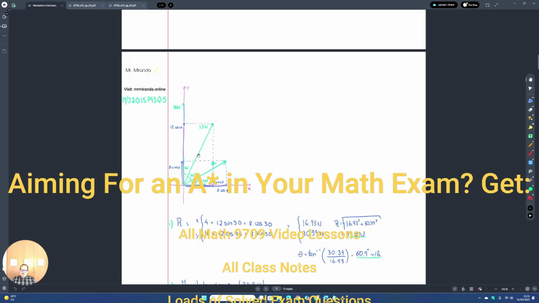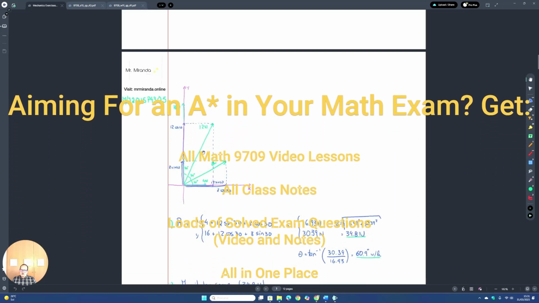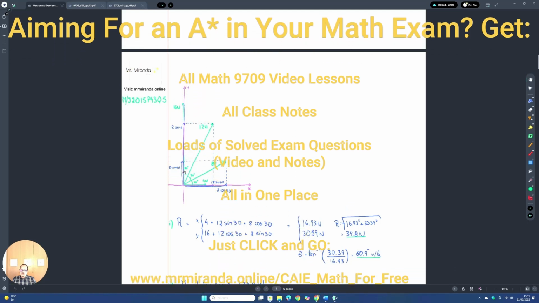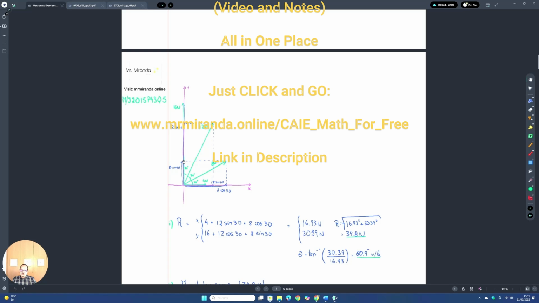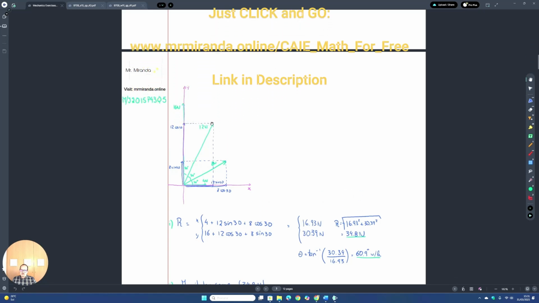You have now 12 cosine of 30, again, using this angle. Now, this is going to be the adjacent to this triangle, hence the cosine, plus 8 sine of 30. I'm using this angle over here for the 8 Newton force, and the sine tells me that I'm using this side, which is that one over there.